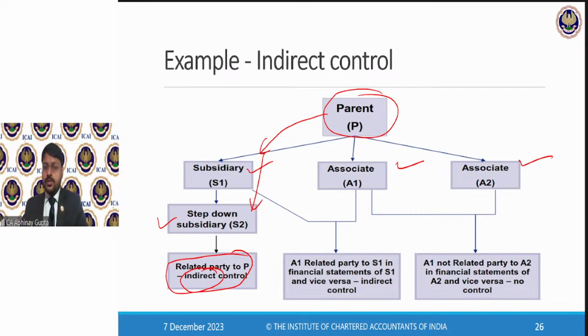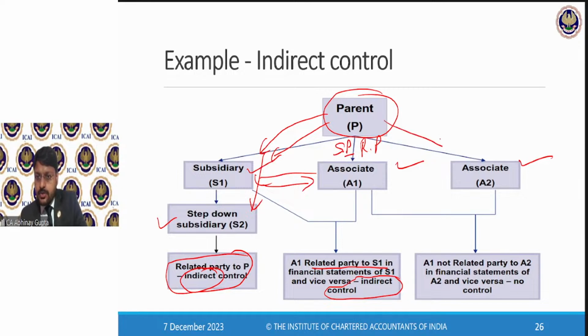And the parent's associate is a related party. But associate A1 and subsidiary S1 are related to each other, yes, because here it is control and here it is SI, so both are related. A1 is a related party to S1 and vice versa because of indirect control.